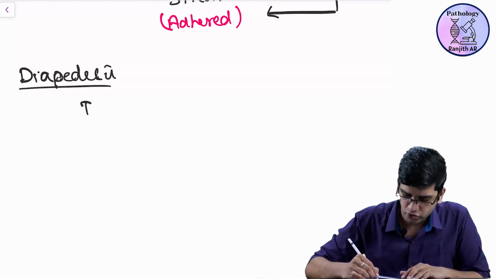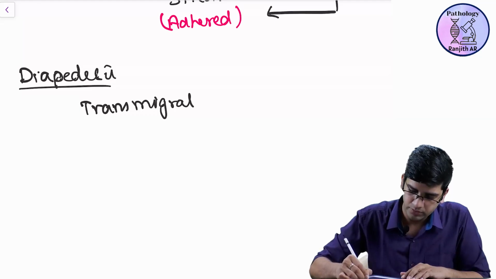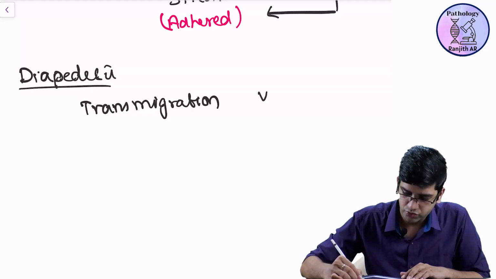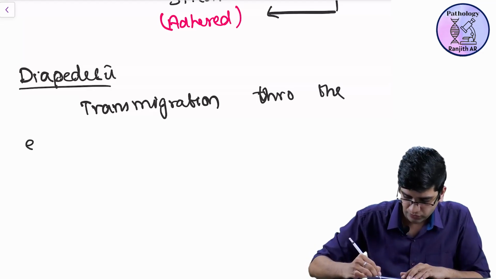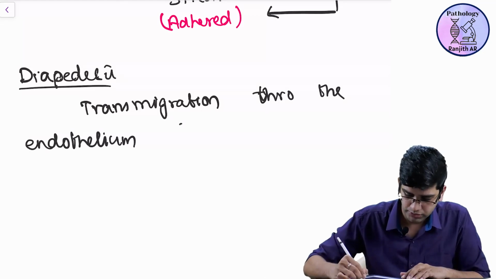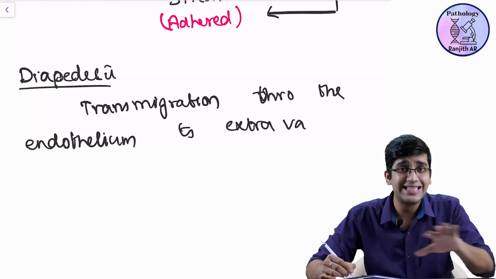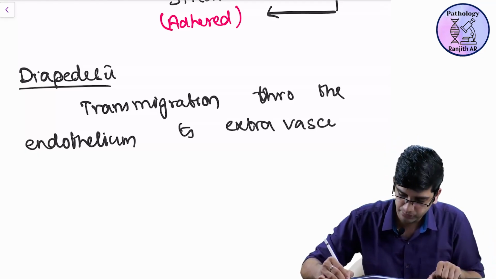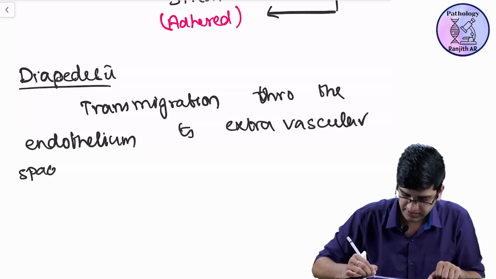Or in other words, I'm going to call this transmigration through the endothelial wall, through the endothelium, to the extravascular space. That's the classical definition of diapedesis. Right? To the extravascular space is diapedesis.